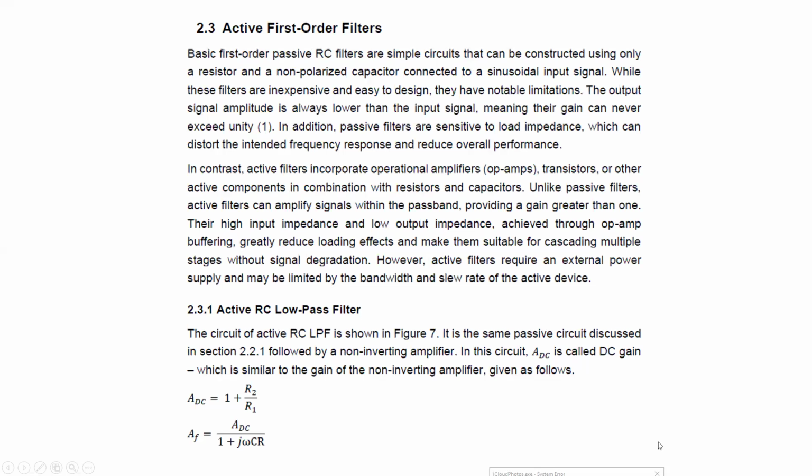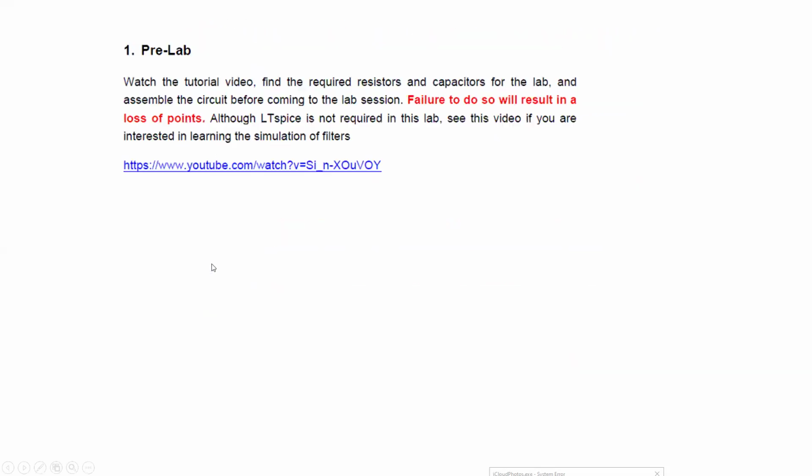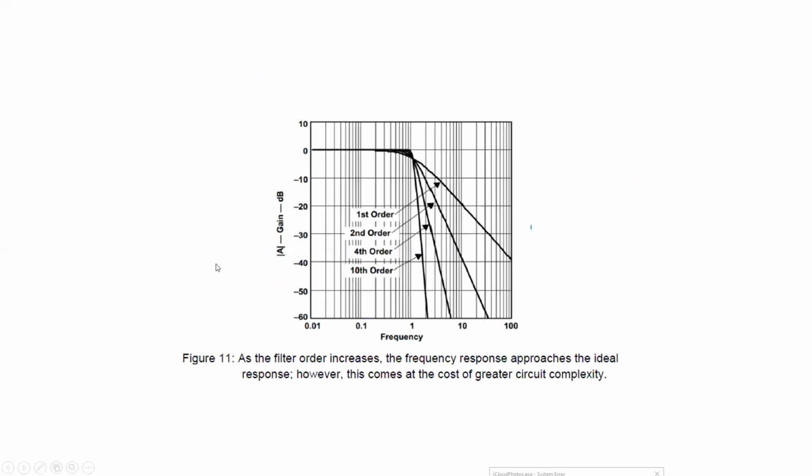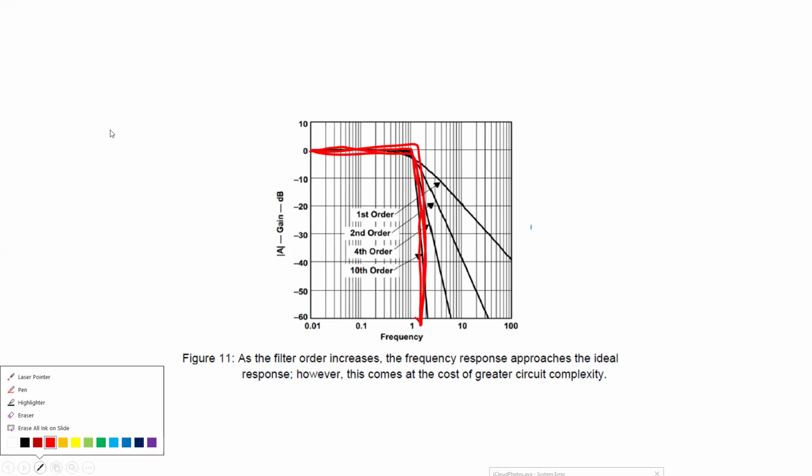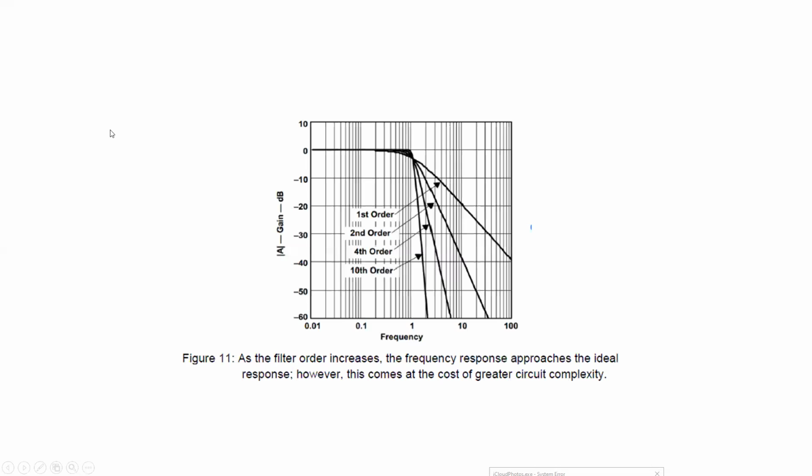By the way, everything I'm explaining here, we call it first order filters. First order, okay? Let me tell you why we call it first order. As you know, if you are designing a low pass filter, this is the ideal behavior. It has to be this way, ideal. Because this is just an introductory lab for filters, I'm going to make a simple circuit.